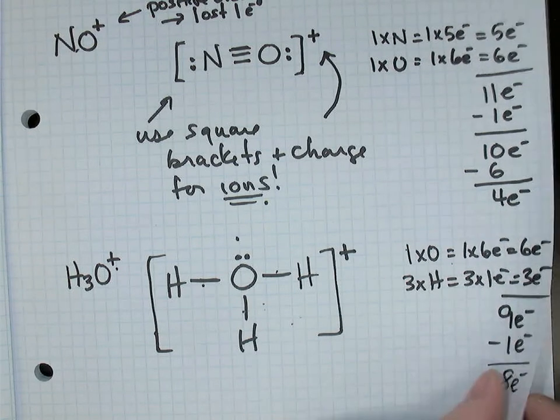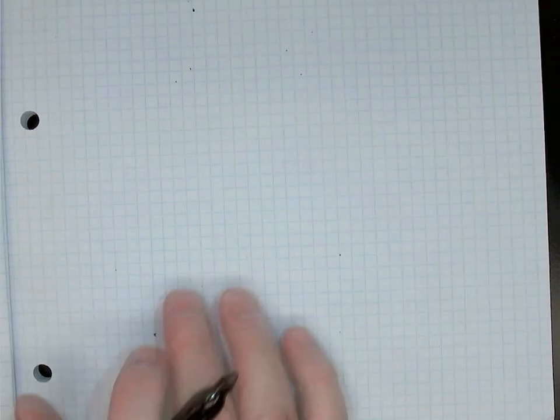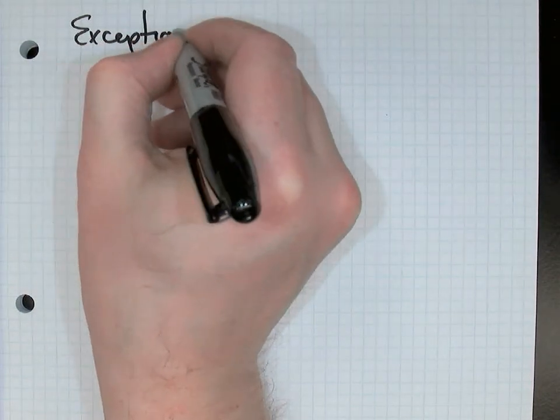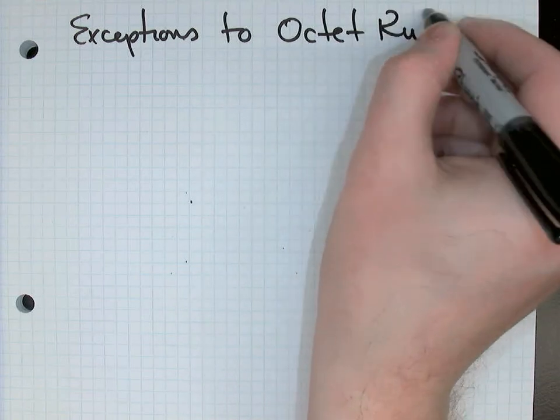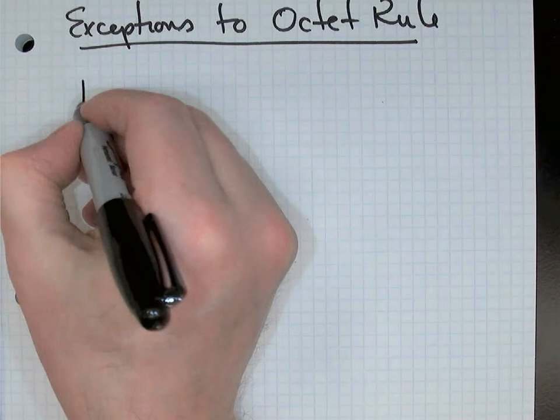So I hope you're feeling pretty comfortable now drawing basic, simple Lewis diagrams. There are a few exceptions to the octet rule. One which is just straightforward a memorizing situation, and that is BF3.